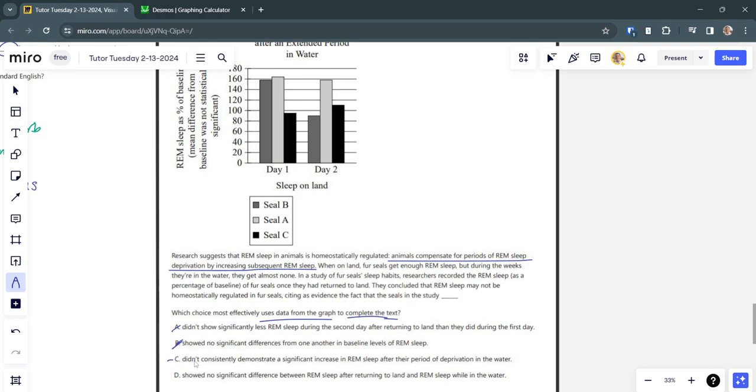And showed no significant difference between REM sleep after returning to land and REM sleep while in the water. Well, we don't know what the REM sleep in the water was, so answer choice C is going to be our best one here. They didn't show a huge increase in REM sleep after their period of deprivation.